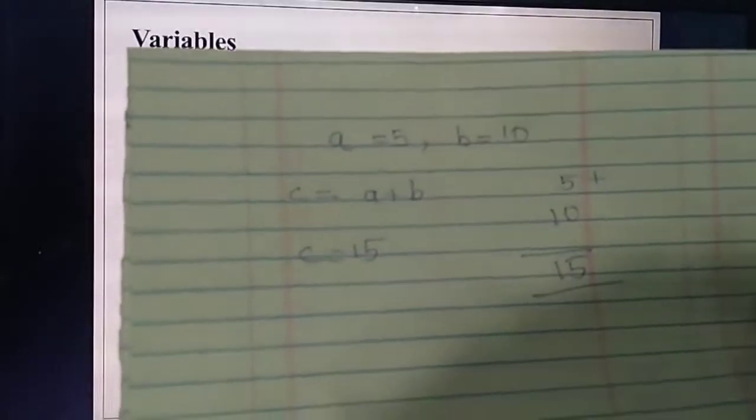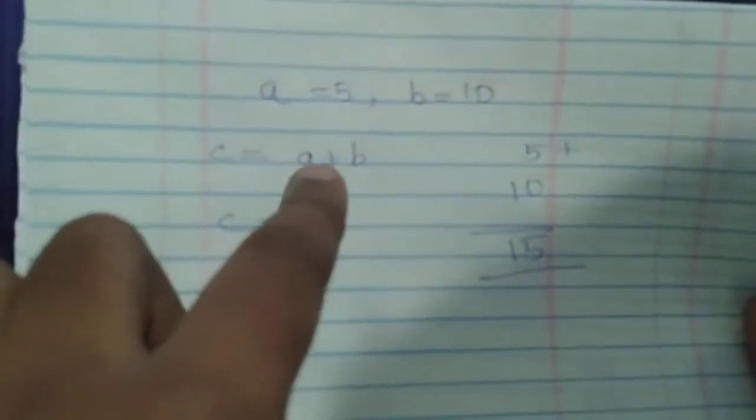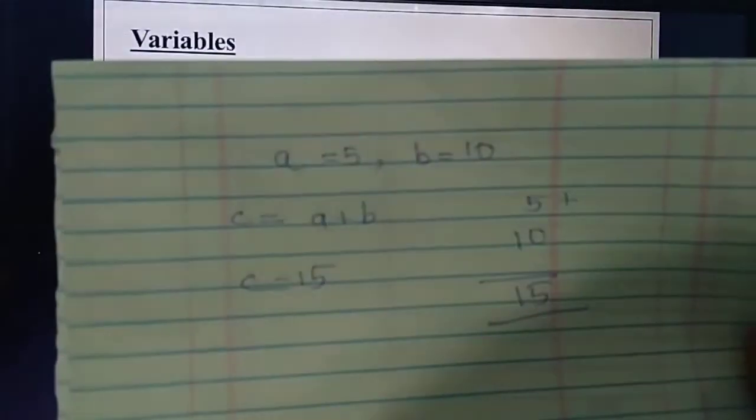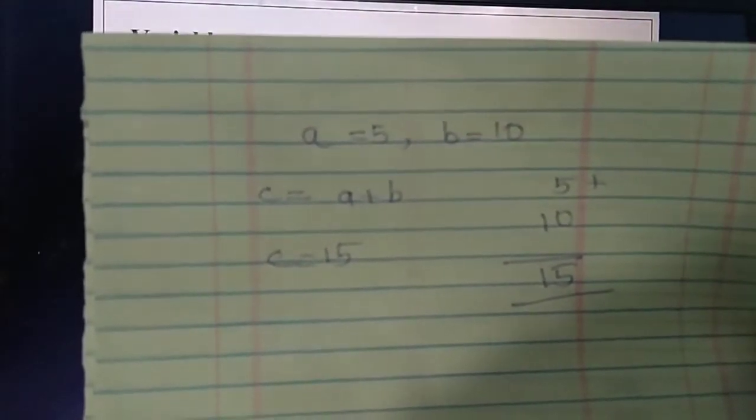Same example. You are declaring two variables, a equal to 5 and b equal to 10. Then you are going to add the two variables. What is the operation? a plus b. You need to perform the operation a plus b and store the result.